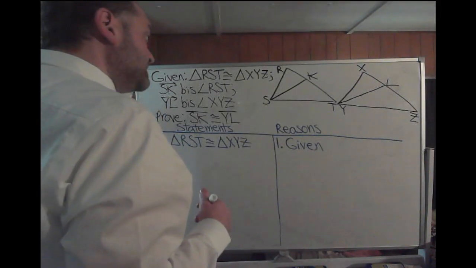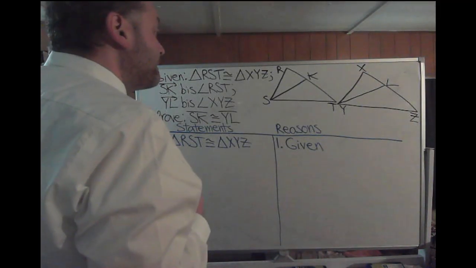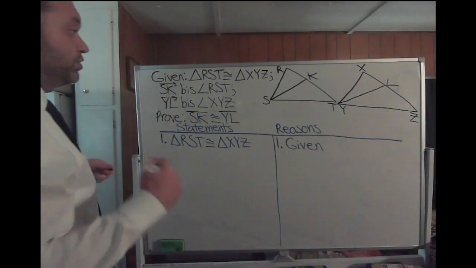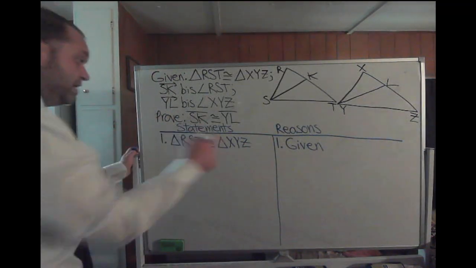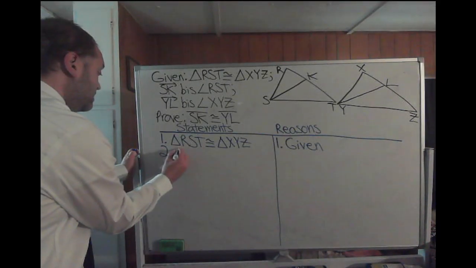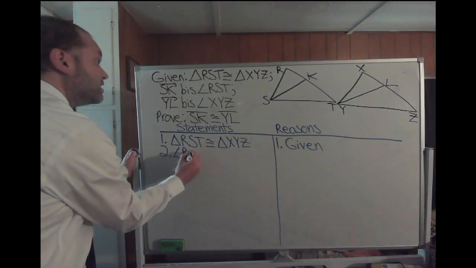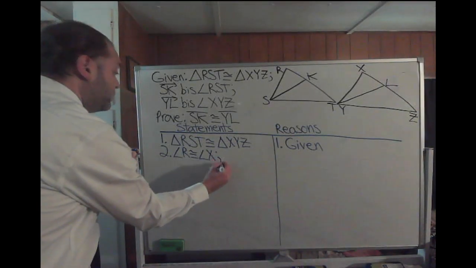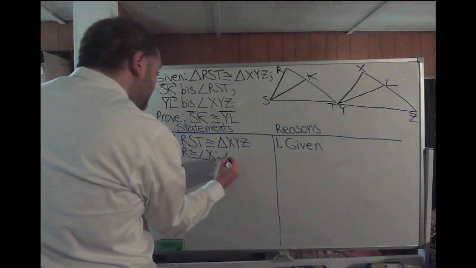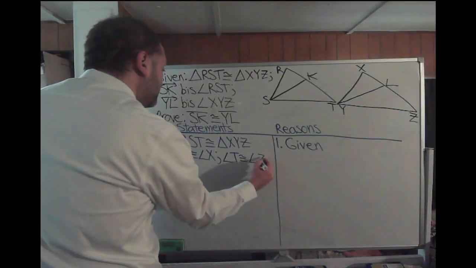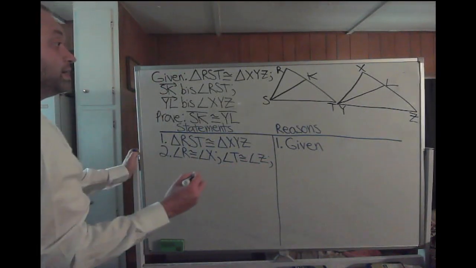Alright, so then what's next? If we have two congruent triangles, there's a couple things we can prove. We can say angle R is congruent to angle X. We can say that angle T is congruent to angle Z. What else can we say?